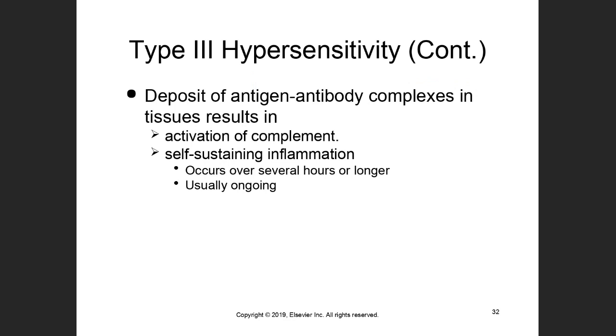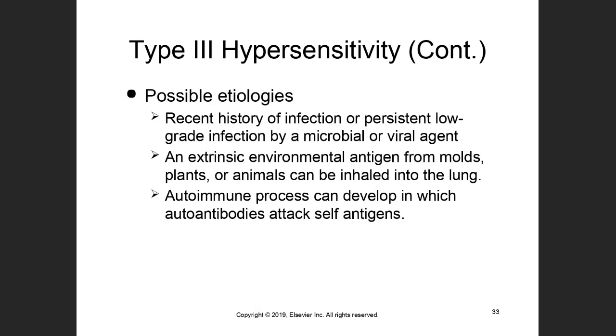Deposit of antigen-antibody complex in the tissue results in activation of complement, sustaining inflammation. Okay, I'm giving you just the most important part that you have to know, okay? Possible etiology: recent history of infections, extrinsic environmental antigen, and an autoimmune process can develop in which antibody attacks cell antigen.